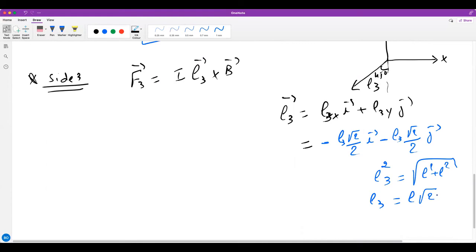So let's go back to F3. We can already replace first.